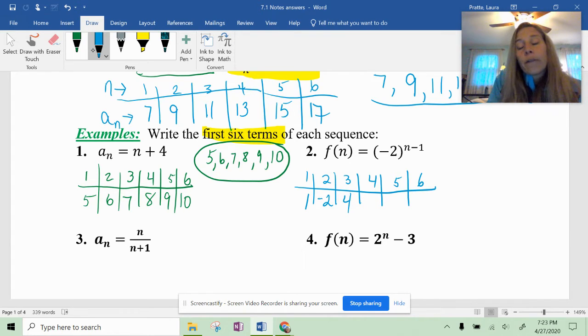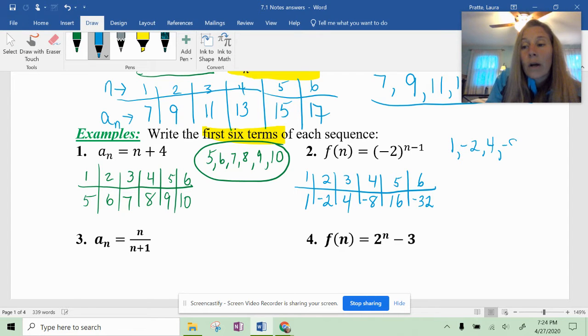If we put in a 4, 4 minus 1 is 3, negative 2 cubed is negative 8. 5 minus 1 is 4, negative 2 to the fourth power is positive 16. And then negative 2 to the fifth power would be negative 32. So our answer here, the first 6 terms of the sequence, would be 1, negative 2, 4, negative 8, 16, and negative 32.